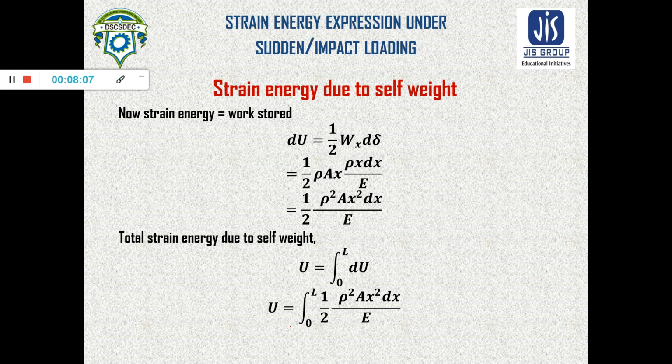Now putting the value of Wx and dδ, what did we get? We got du is equal to half ρ² A x² dx by E. Among these terms, ρ means mass per unit volume, A means cross-sectional area, and E means Young's modulus.